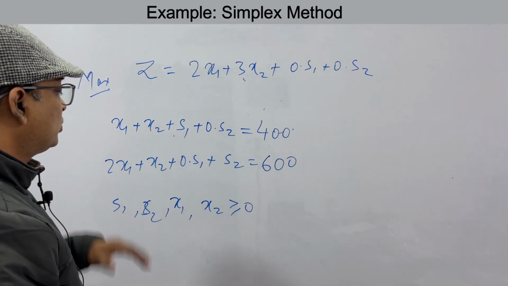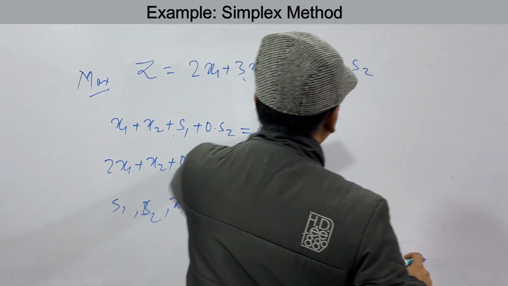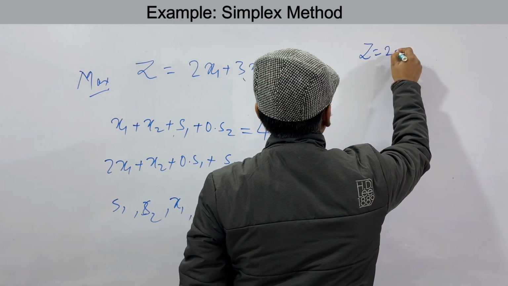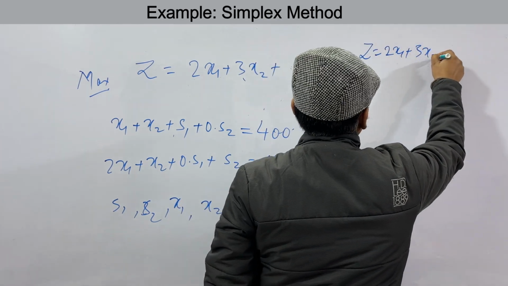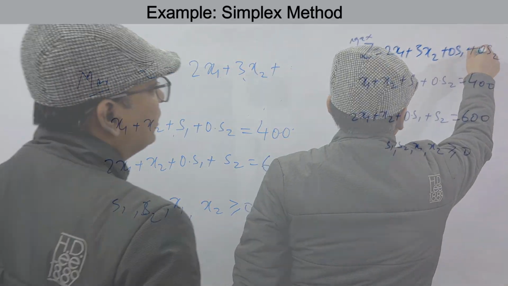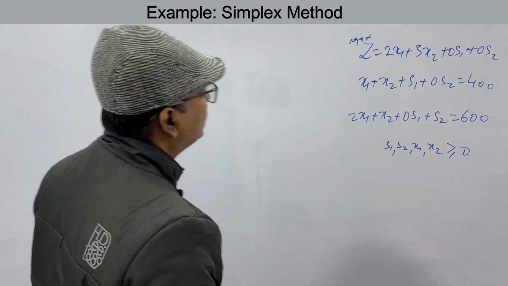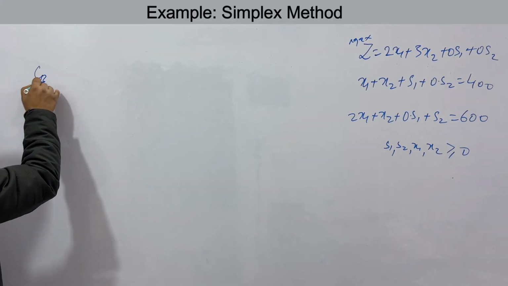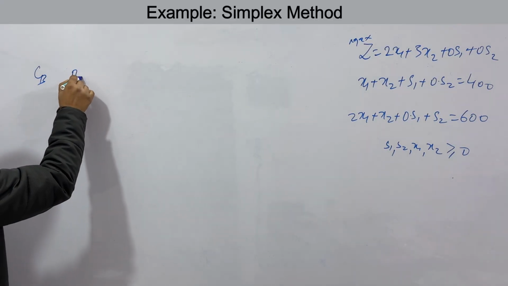Let's write it somewhere in the corner so that we get space. So I've written the problem in this corner. Now we'll construct the table. The first column is CB and the second is basis.